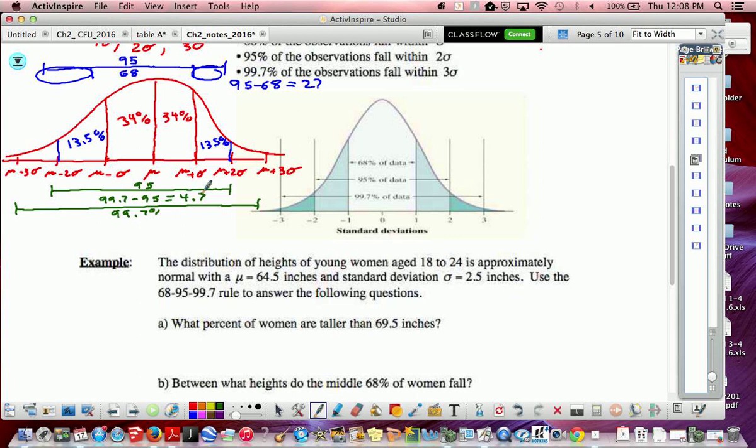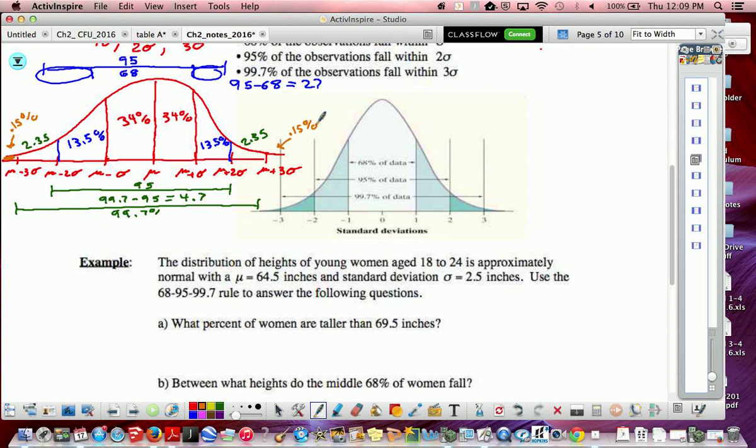So if I divide that, 2.35, 2.35, leaving me only 3/10 left in these little tiny tails. So this little tiny bit is only 0.15% and 0.15%.